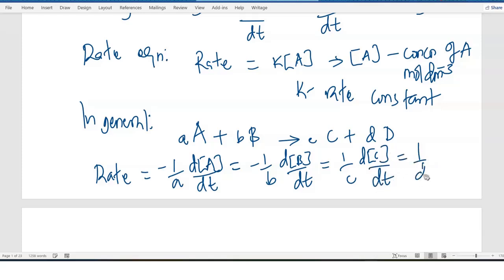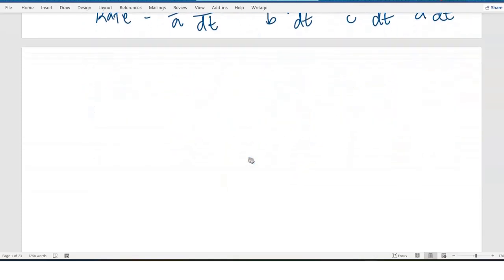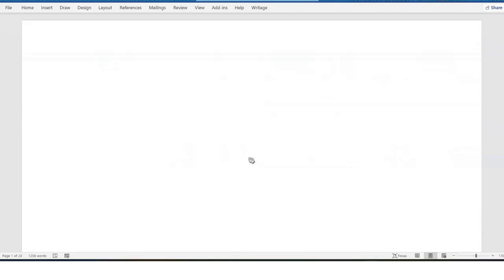This is 1 over d times d of the concentration of D divided by dt. So generally you can see that as time goes by, the reactants are decreasing in amount, whereas the products are increasing in amount or in concentration.